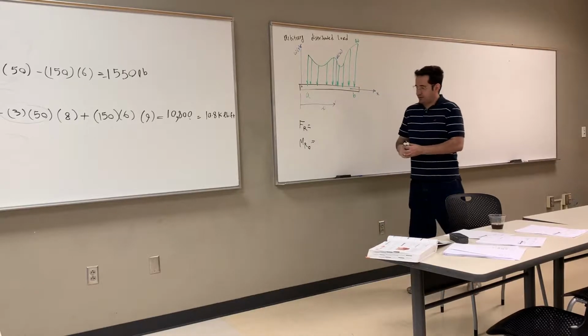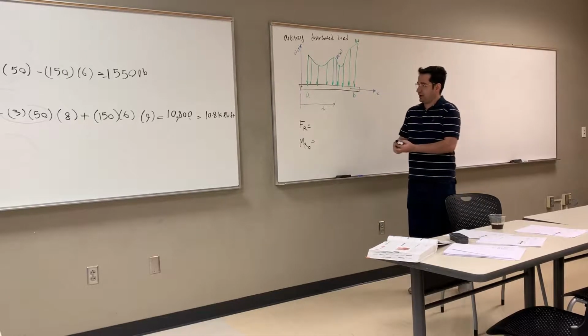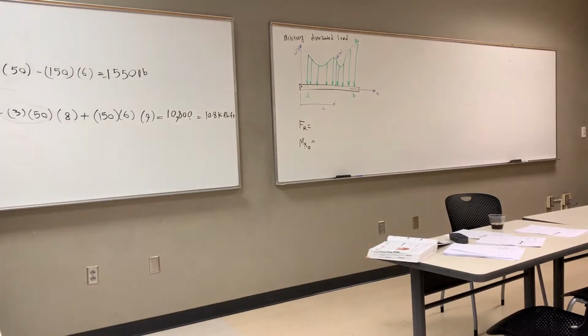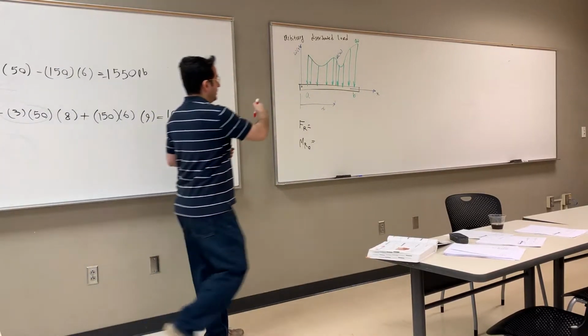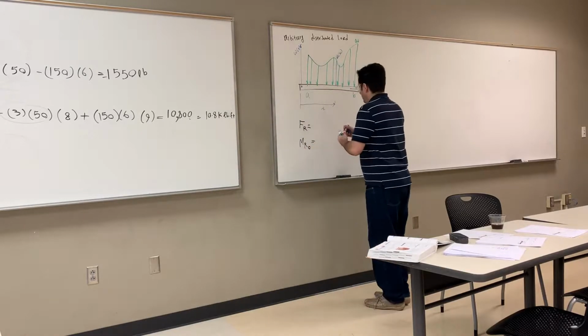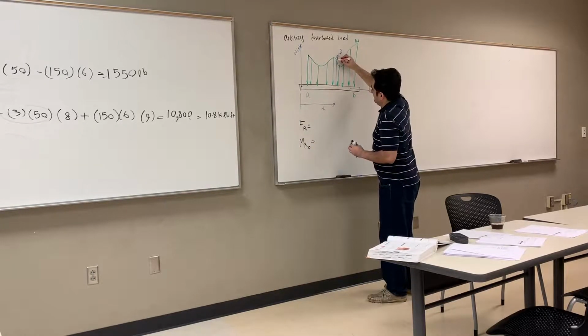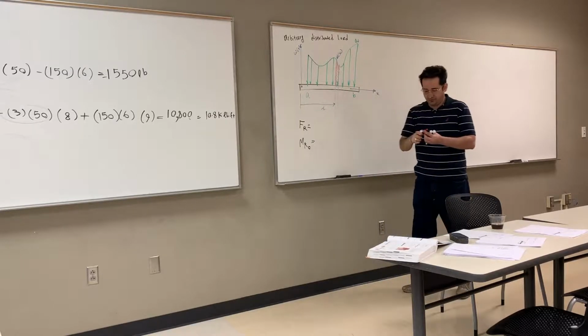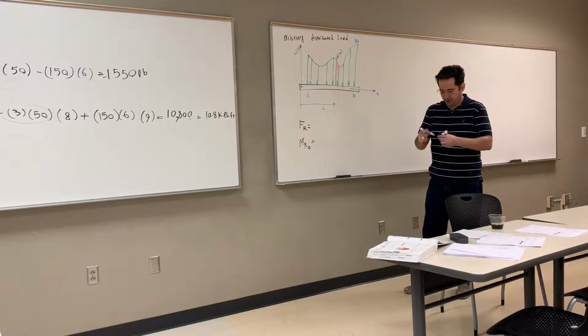In order to find the value of the resultant force, I am going to consider a tiny band. So instead of this complicated profile, I just consider from here to here. You see this area. Let's say this is very, very thin.